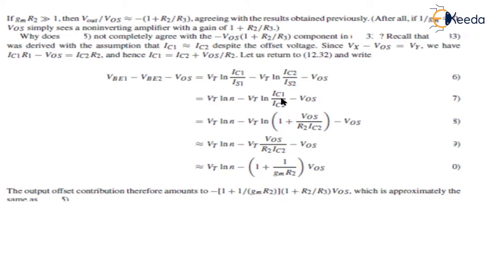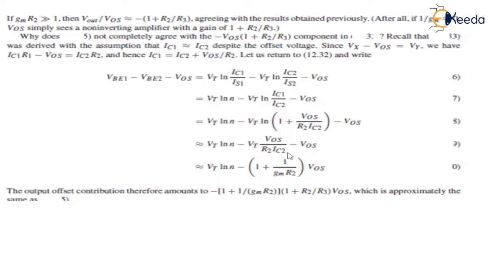Now, further writing the ratio of IC1 by IC2 from this equation as 1 plus VOS by R2 IC2, and solving it further, we get VT VOS over R2 IC2, minus VOS.